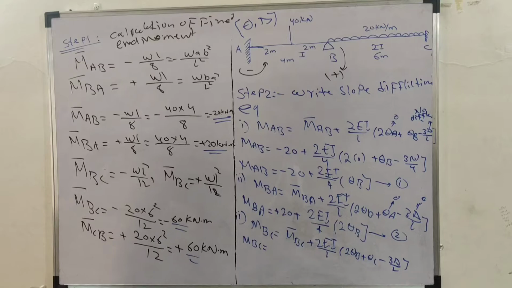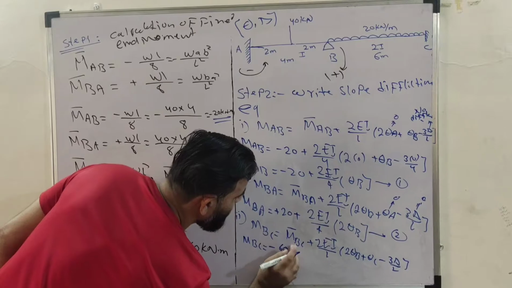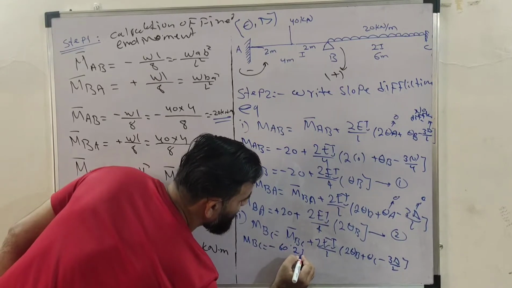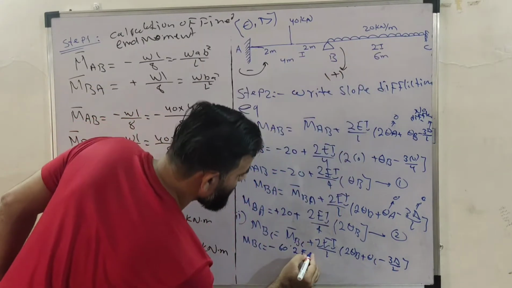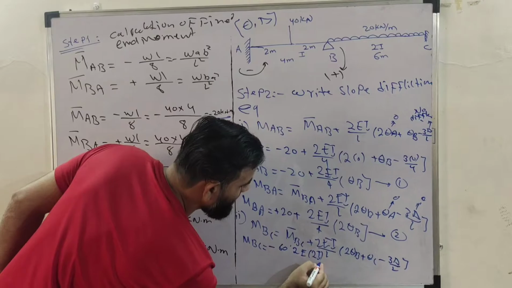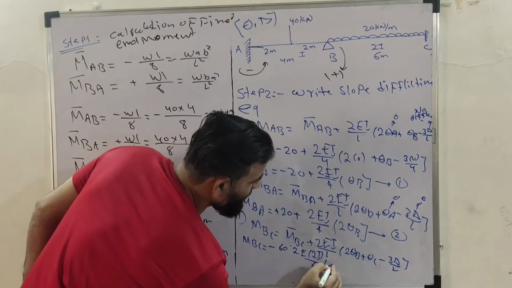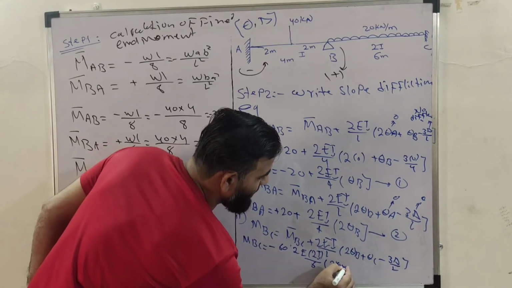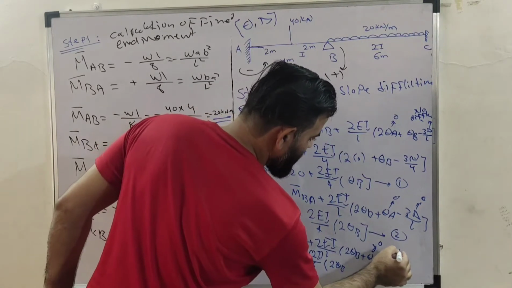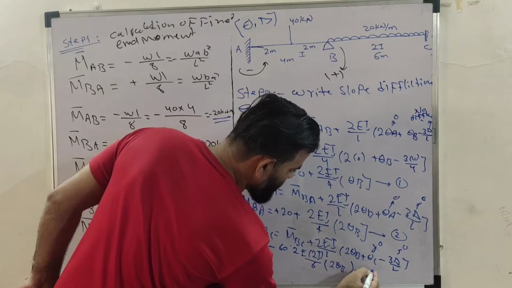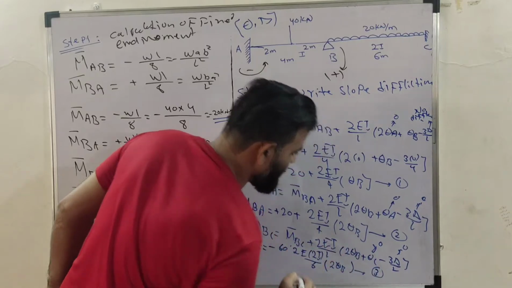Fixed end moment of BC is how much? Minus 60. What is the I value? We got it here, BC value 2I. What is the L? L is 6 meter. Understood? Now theta B. Theta C is also 0 because this is fixed. Deflection is also 0. Now this is equation number 3.